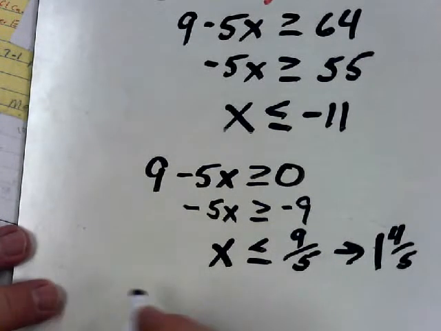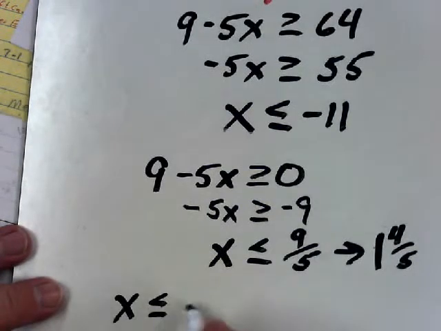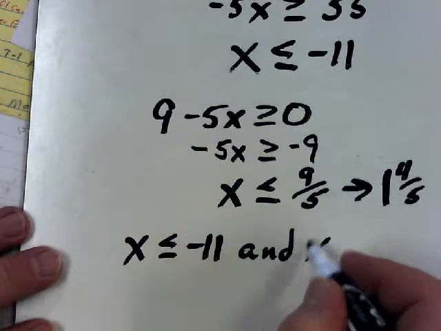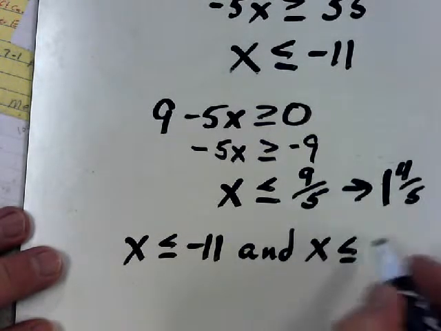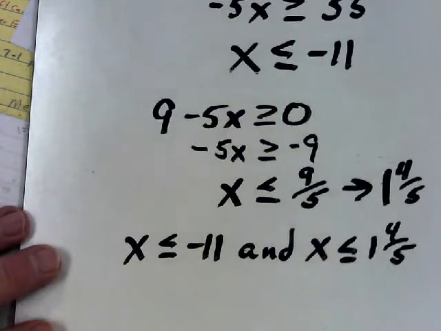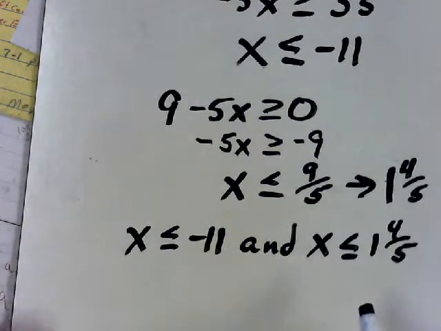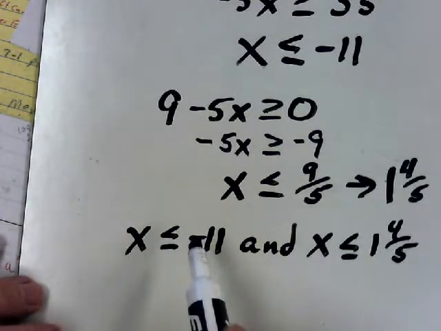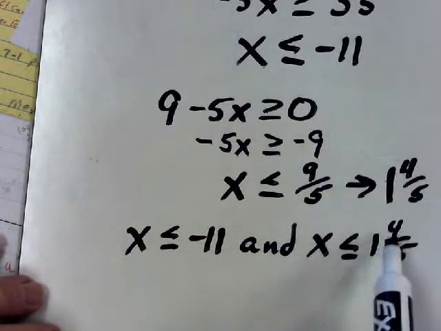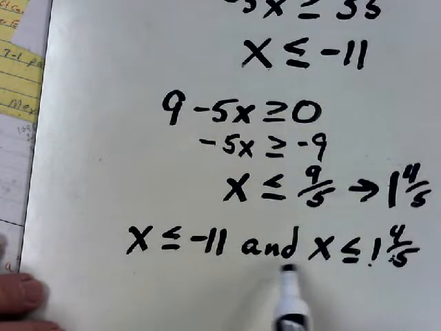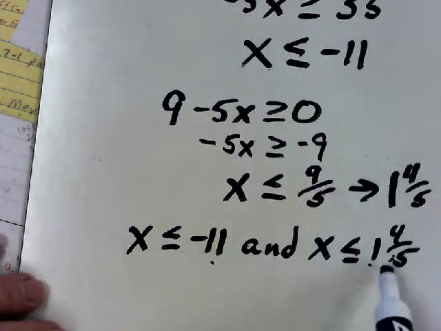So this is stating that x has to be less than or equal to -11, and at the same time, x has to be less than or equal to 1 4/5. Are there any numbers that will fit in between here? Well, this is the bigger number, isn't it? Are there any numbers less than or equal to 1 4/5 that can exist between a negative 11 and 1 4/5?